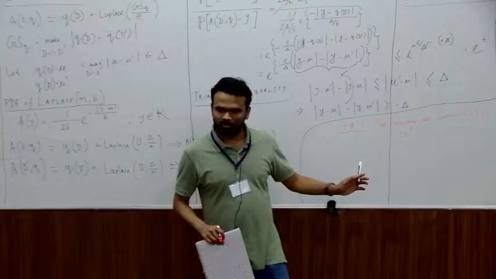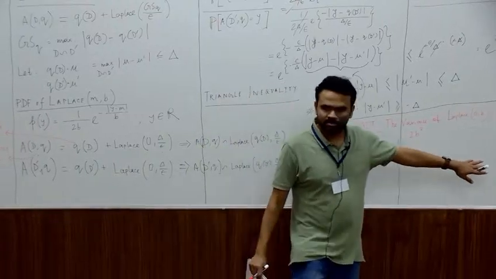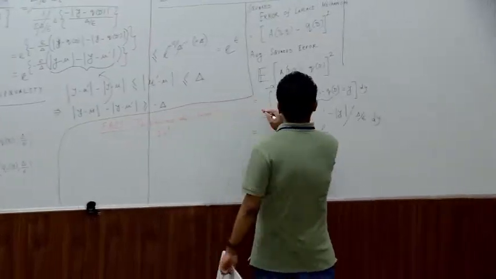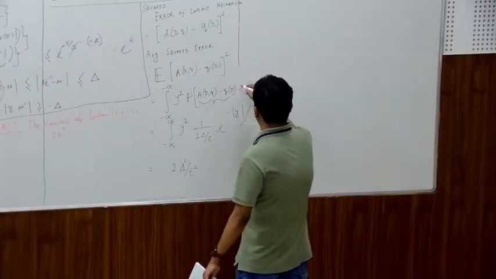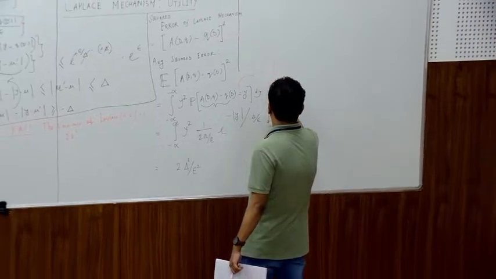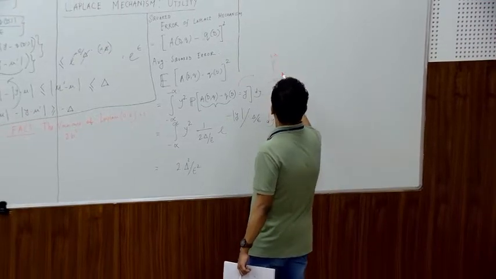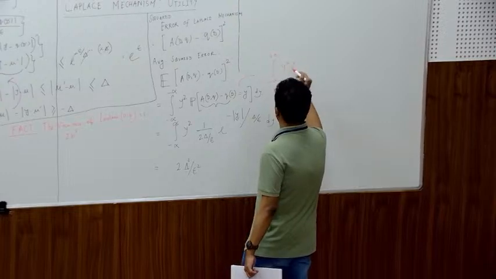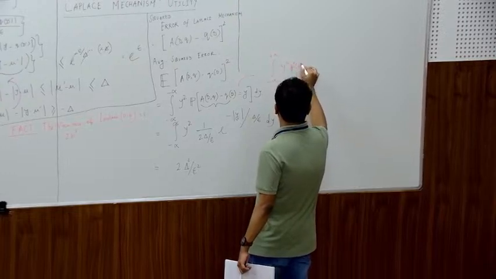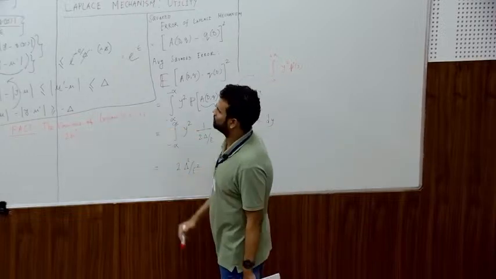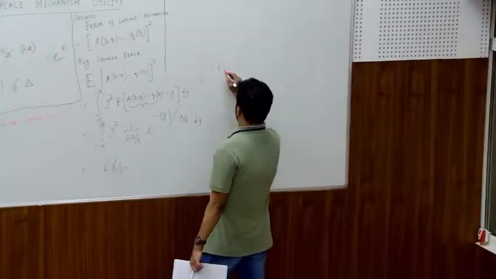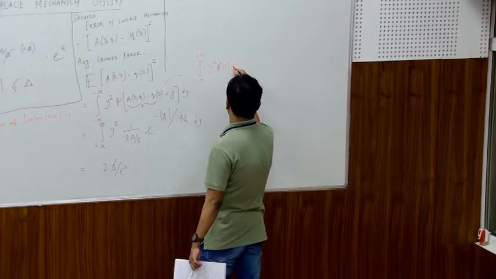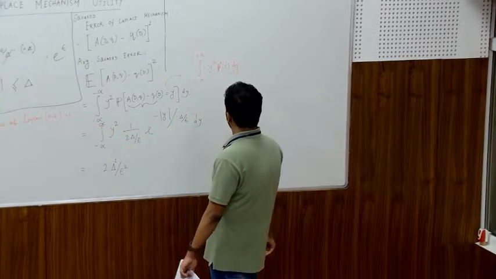Any question here? Were you able to understand why this is equal to the variance? What this equation gives is the integration from minus infinity to plus infinity of y square into p of y, where p is the probability density function of Laplace, dy, right? So what is this?